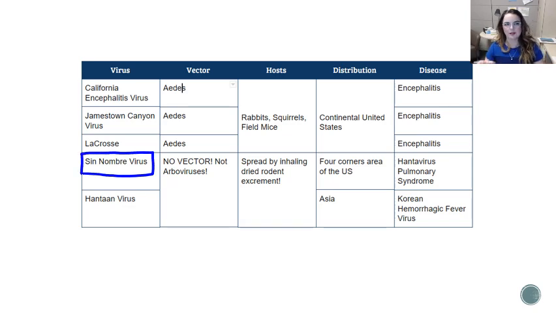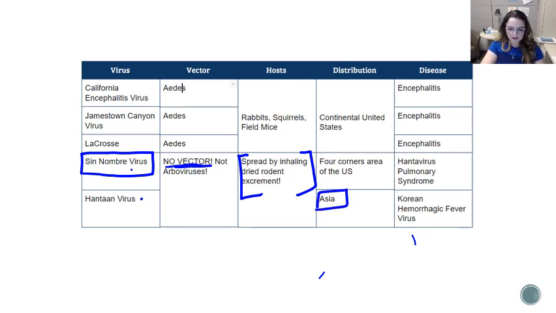It was named this because, frankly, nobody wanted it named after their location. Both sin nombre and hantavirus do not have a vector. They have no arbovirus classification. They have no arthropod association. In this case, you actually contract the virus through inhalation of dried rodent excrement, and they're associated with two places.